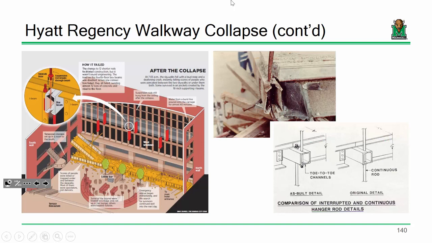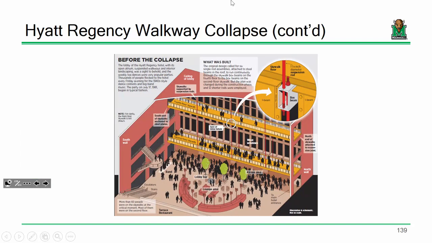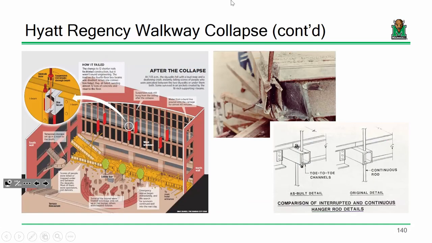How does it grip hold of the channels? Oh, that's a good question. Okay, so what should have happened was this. I think the easiest way to explain it is to look right here. You would have had a single threaded rod, right? And then you would have had a washer and a nut that would have had to fit across the entire bottom, so they'd have to slide it up and then screw it in right here.